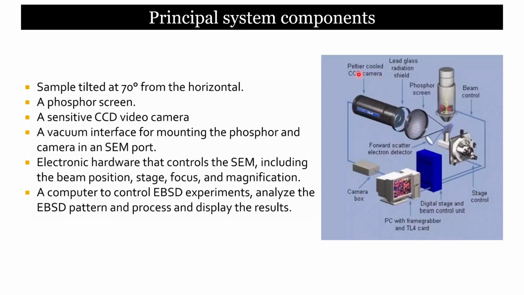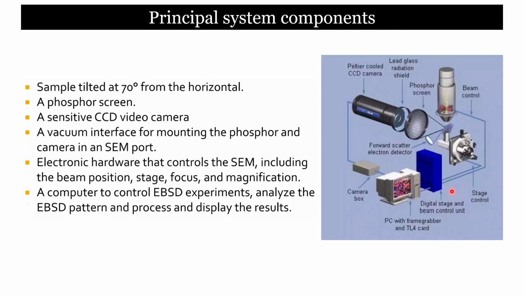and then you have your very sensitive CCD camera, and all these things will be under a very high vacuum, and then there will be a vacuum interface for mounting the phosphor and camera in the SEM port. This is basically the addition to your basic SEM technique.